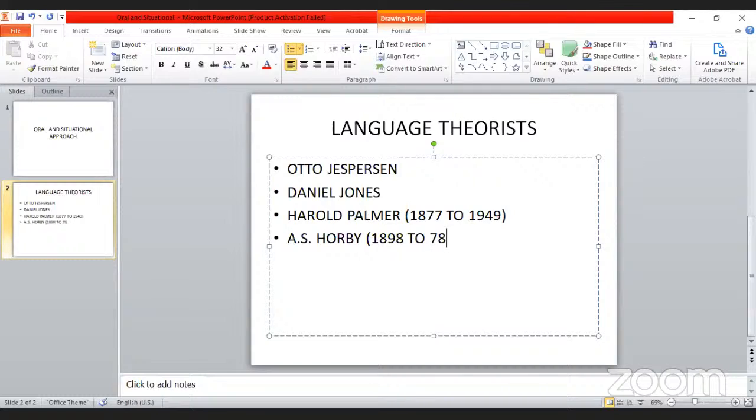Now, these dates are important because, especially in relation to Hornby, the First and the Second World War. He's a person who has witnessed two wars.